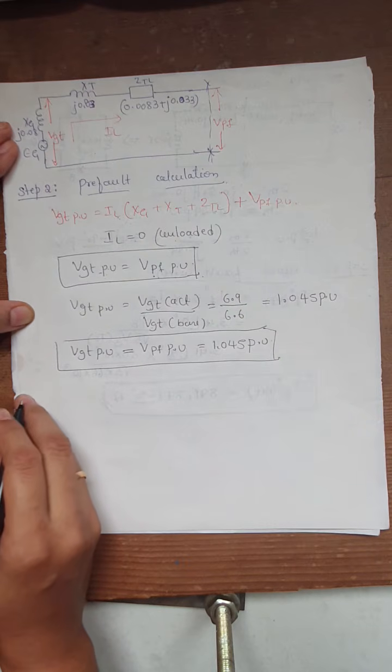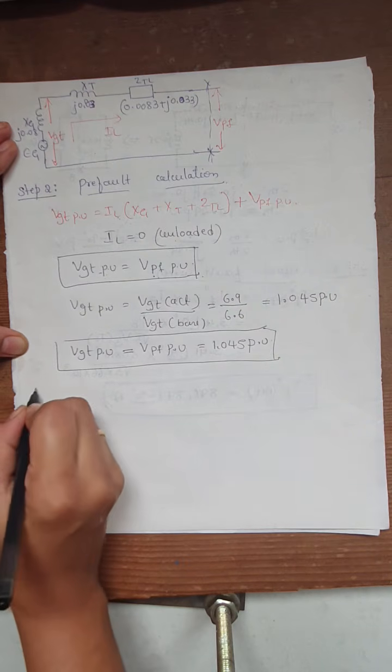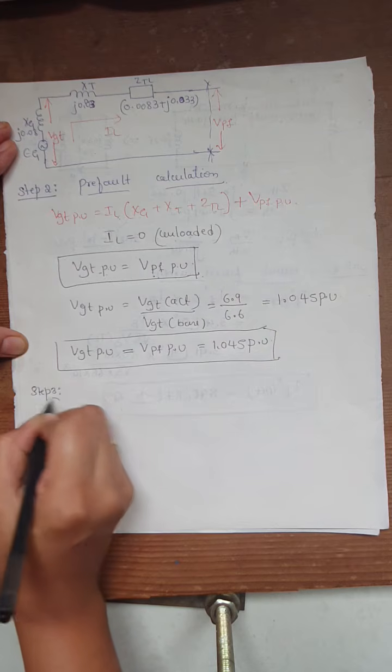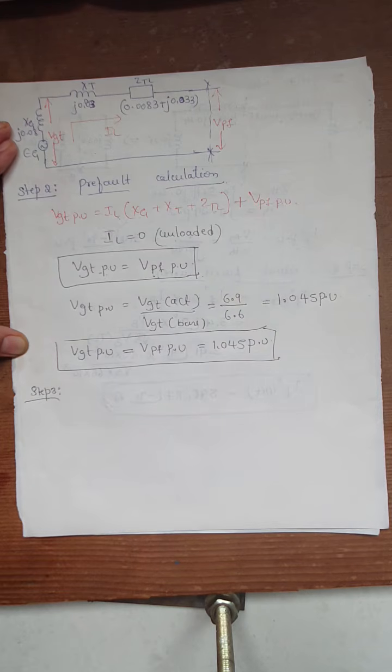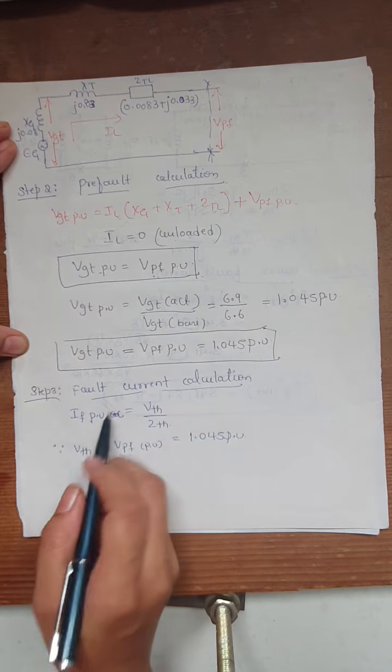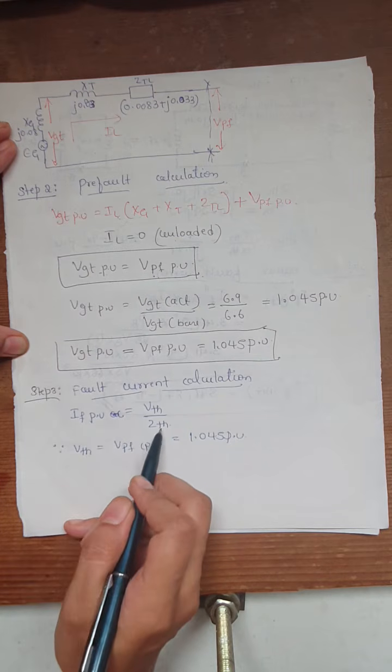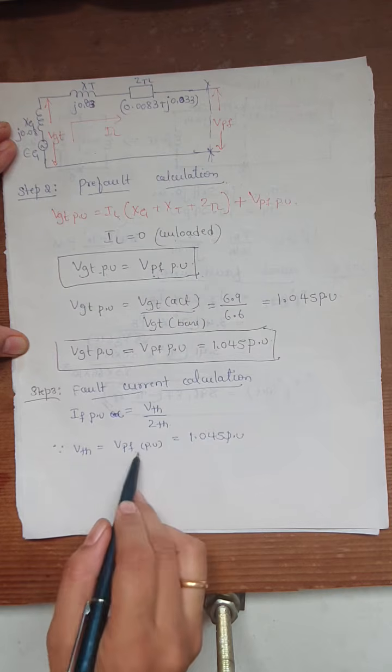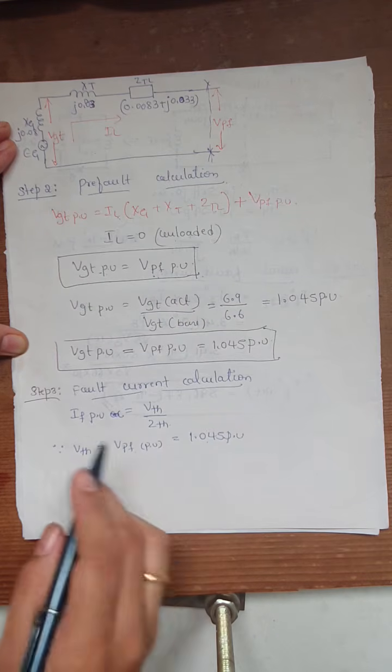Next we proceed with step 3, fault current calculation. For the fault current, IF per unit is VTH by ZTH. VTH is nothing but VPF, that is 1.045.